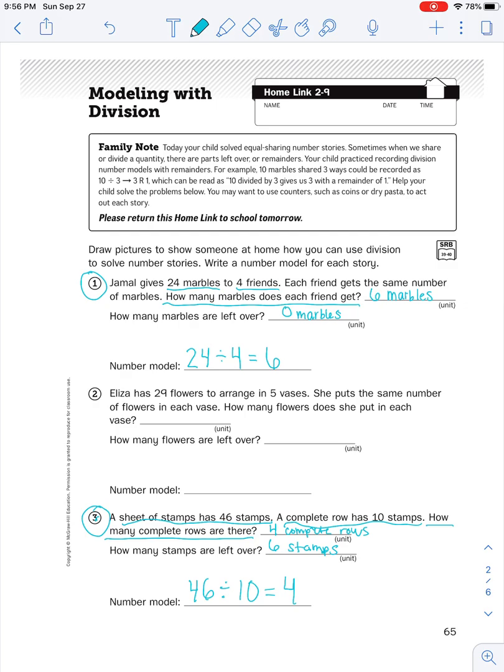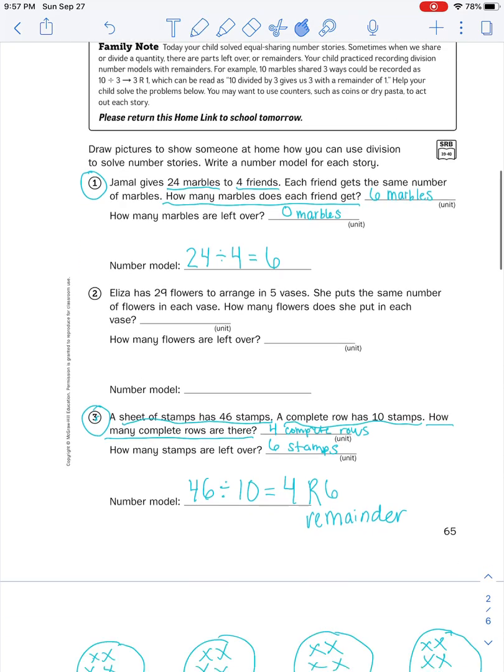We know that there were 4, but you also need to write in what the remainder was. You can't just forget about those 6 stamps that were left over. So you would put 4 complete rows, remainder 6. You can also write out remainder, but you do not need to do that. But that's what the R stands for, is remainder, or leftover items.